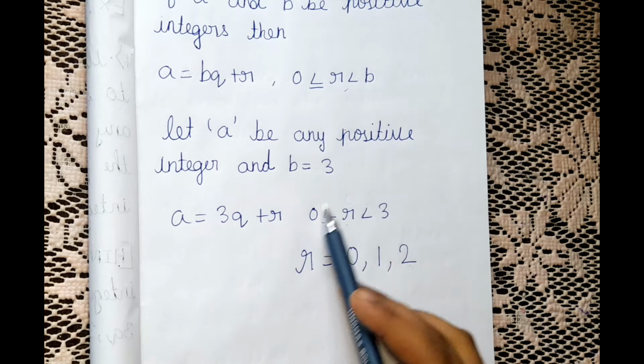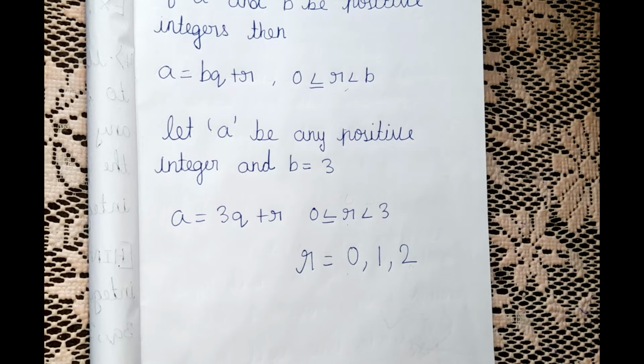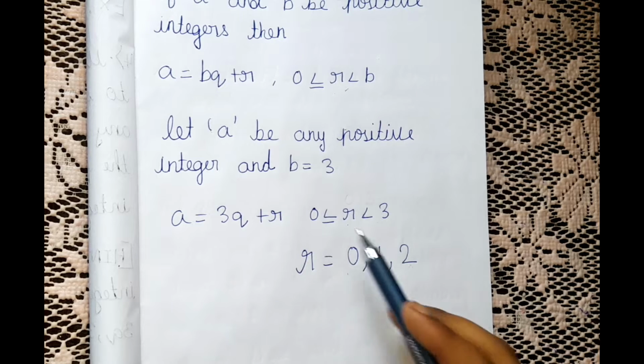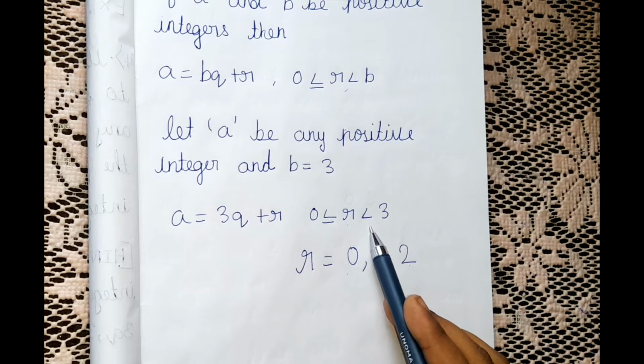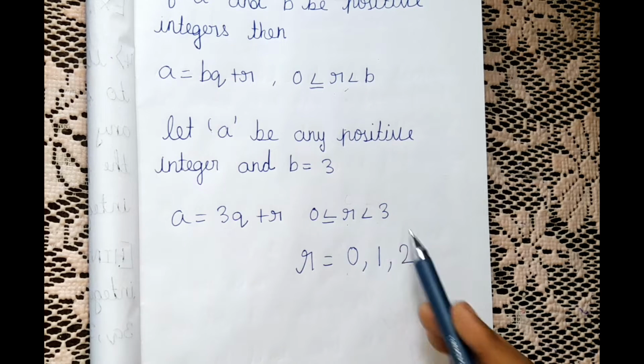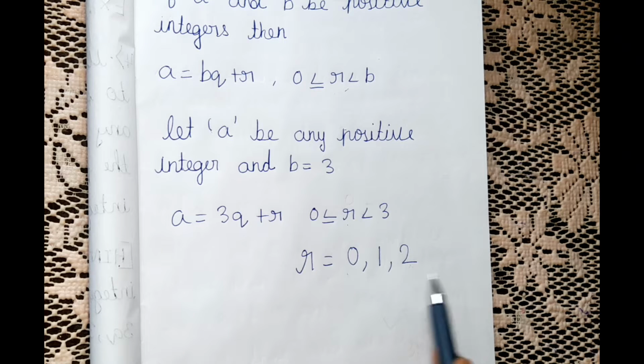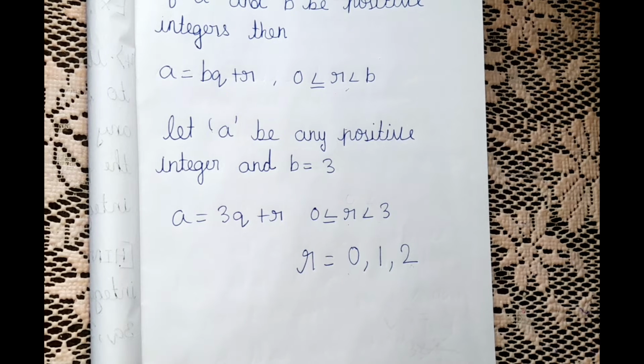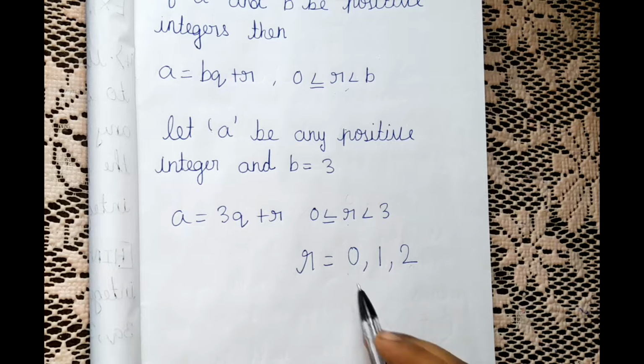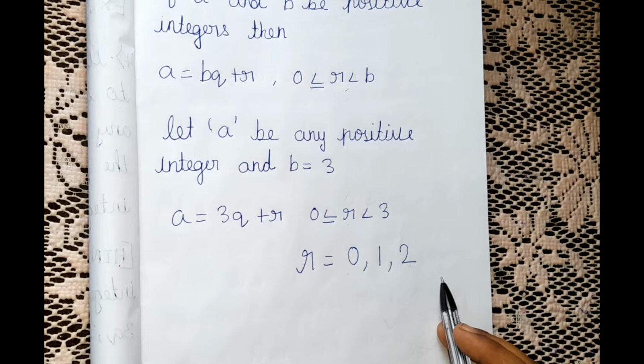So here you guys can see a rule. Here the remainder has to be smaller compared to 3. That means we can take 0, 1 and 2. We can't take 3, 4, 5, 6, 7, 8, 9, etc. Why can't we take those numbers? Because those are all greater than or equal to 3. But these numbers are smaller than 3.